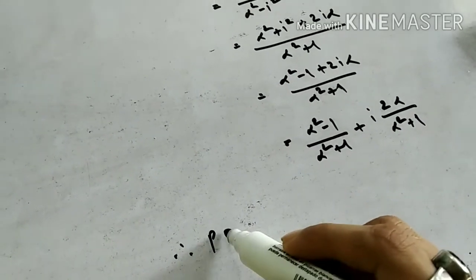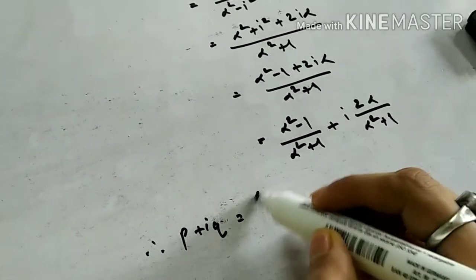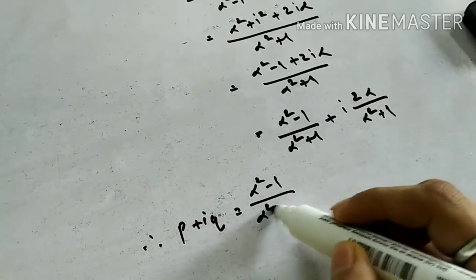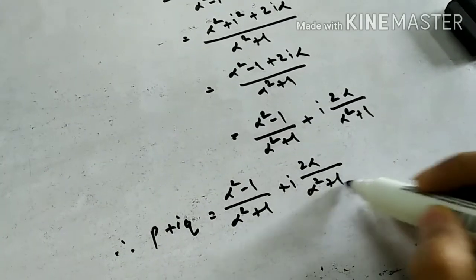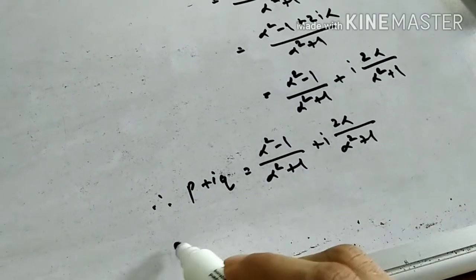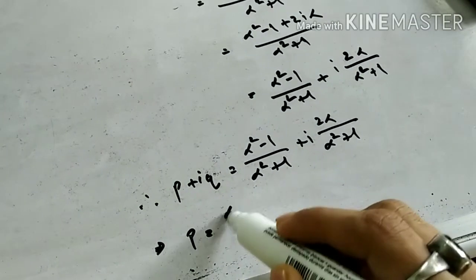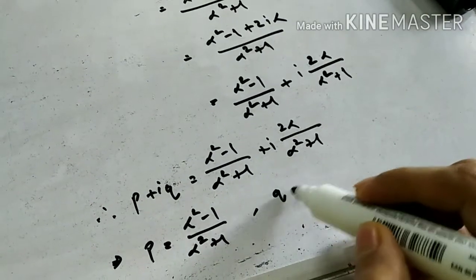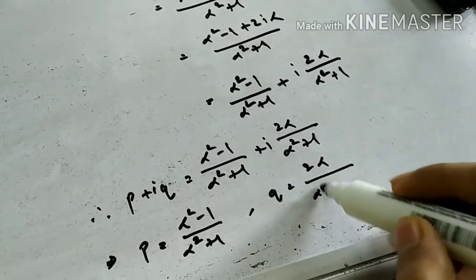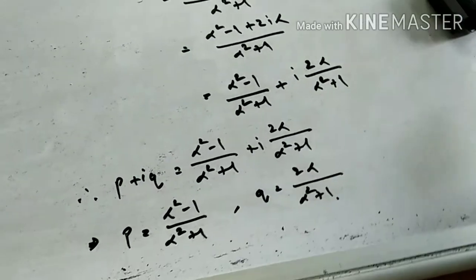Understand? So therefore I got that p plus iq is equals to alpha square minus 1 by alpha square plus 1 plus i 2 alpha by alpha square plus 1. So now real part equal, p is equals to alpha square minus 1 by alpha square plus 1 and q is equals to 2 alpha by alpha square plus 1.